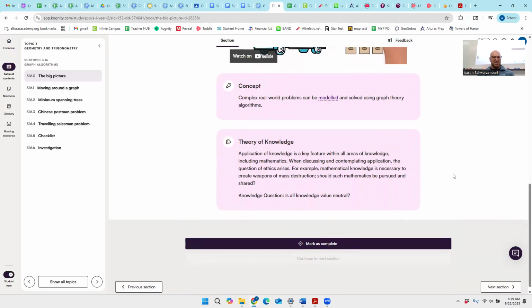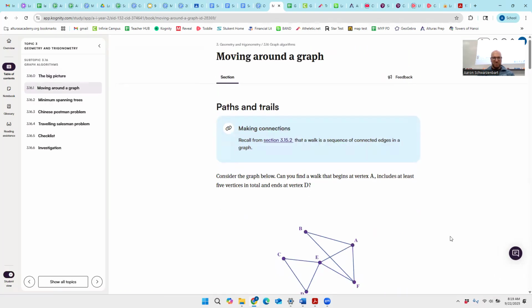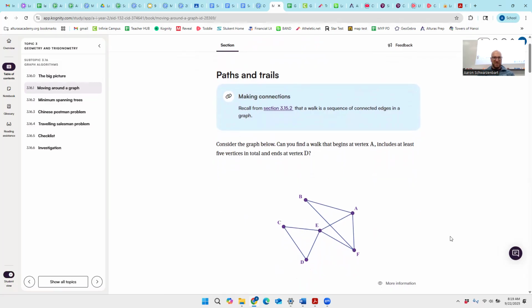Is all knowledge value neutral? Interesting question to think about. We'll discuss that more in TOK this year. But yes, definitely advanced math is needed for developing WMDs, but there are also other applications to that.